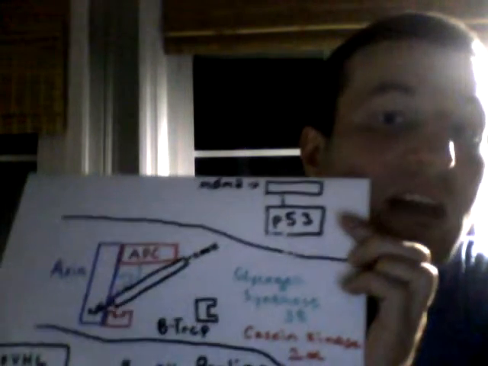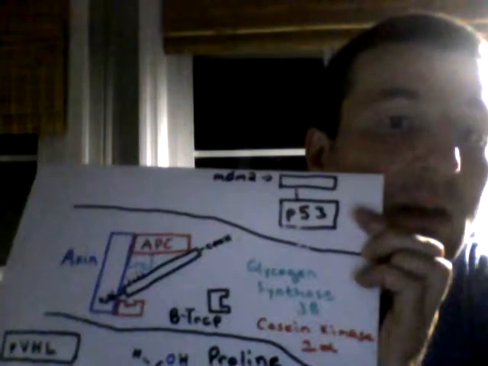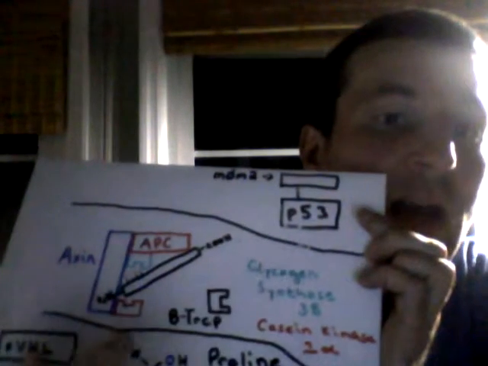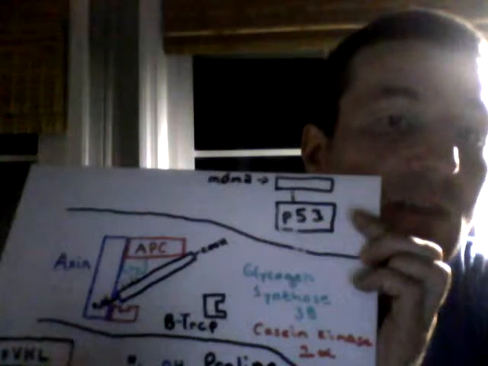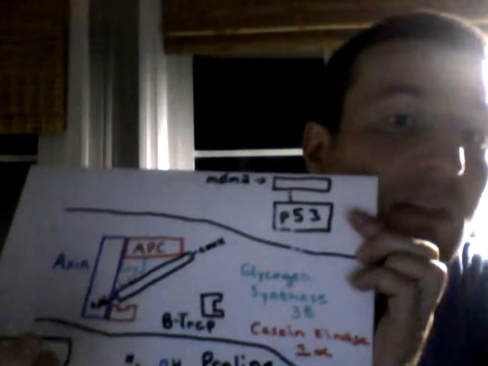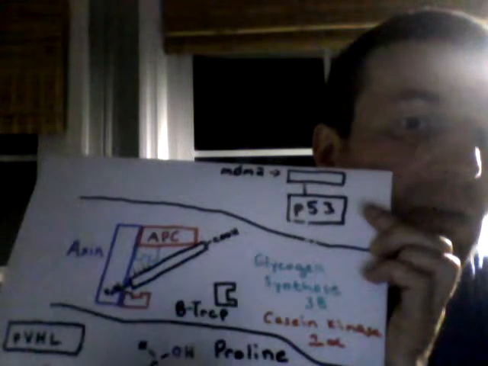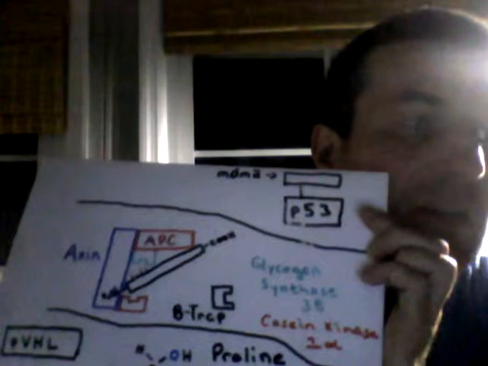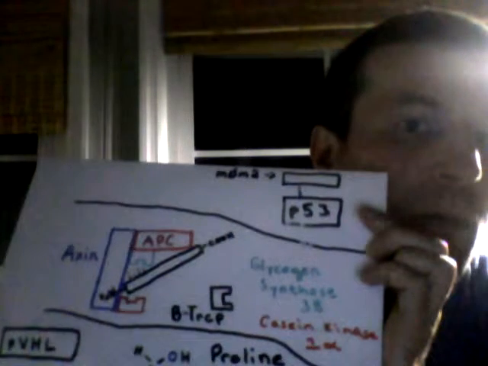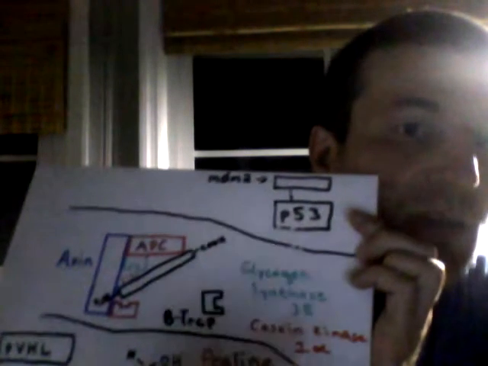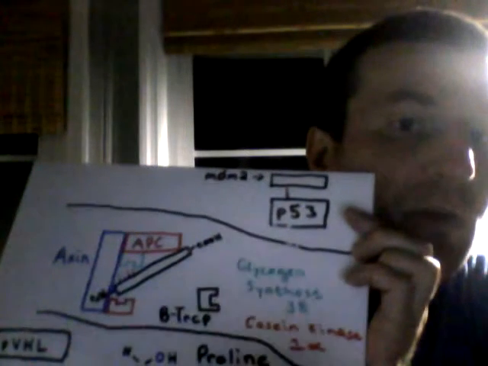Now that doesn't add a ubiquitin group to it. That just cleaves it away, and there's 4 phosphate groups on it from position 45 on down towards the amino terminus. Then a protein called beta-TrCP will bind to those phosphate groups there and add a ubiquitin group onto it.